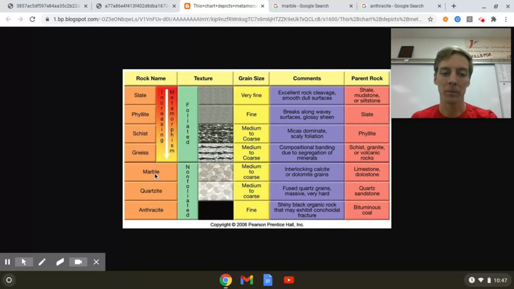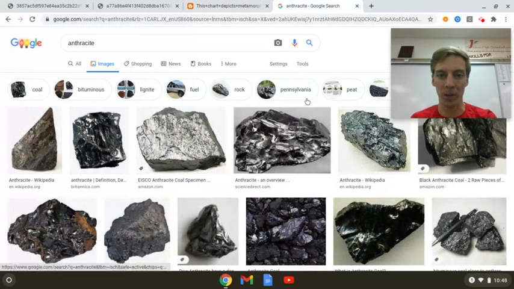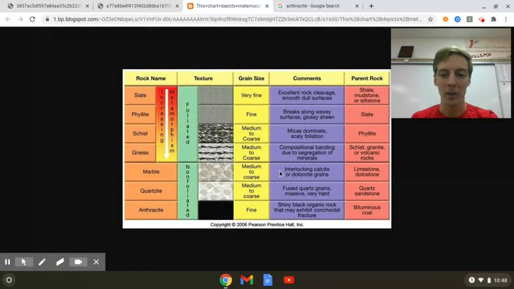This is a metamorphic rock. So there's marble. Anthracite. Woo, look at that shine. You take coal and you turn it metamorphic, you get anthracite. You get an entirely new rock just by heat and pressure.